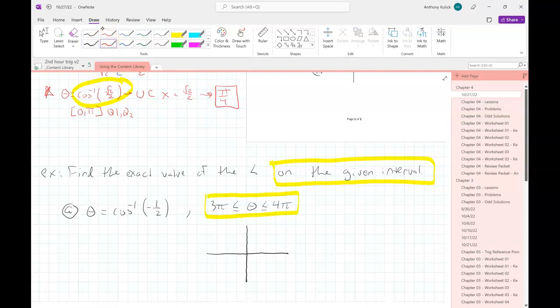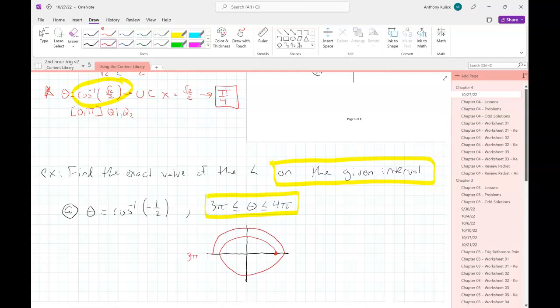So when I start drawing a standard position angle, I start on the positive x-axis. And if my angles are positive, like 3 pi and 4 pi, which way do I rotate? Counterclockwise. So here's a half, 1 pi, 1.5, 2 pi's, 2.5, 3 pi.